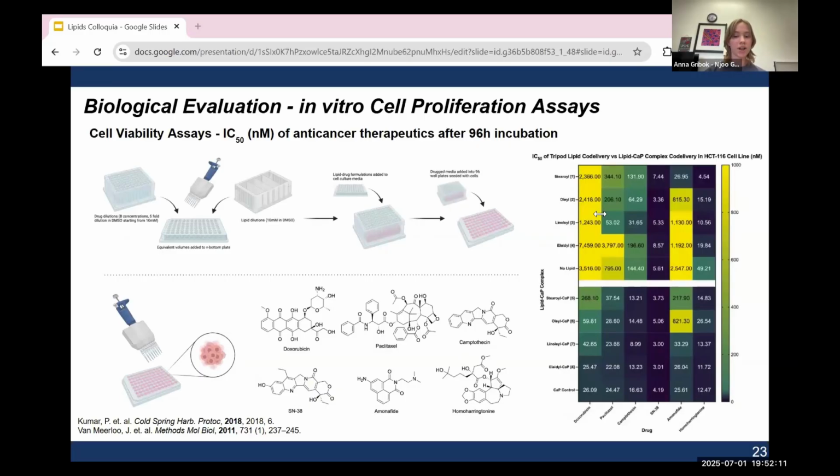We proceeded to conduct MTT and LDH assays in the HCT116 cell line, except we replaced our tripod lipid with a lipid-CaP complex. And as you can see, the CaP lipid resulted in a lower IC50 value across pretty much all of our lipid formulations, which we would like to explore a bit further.